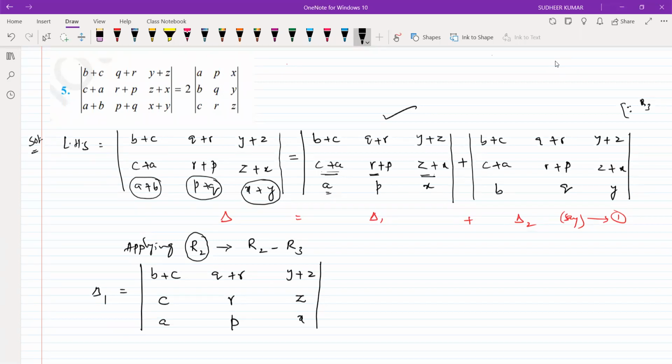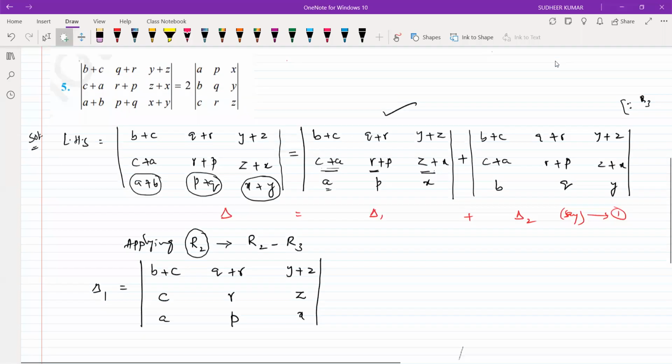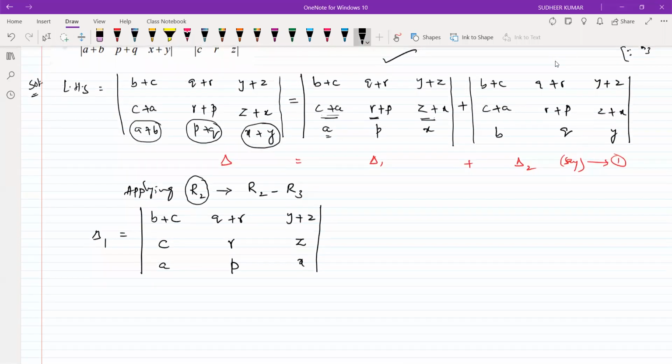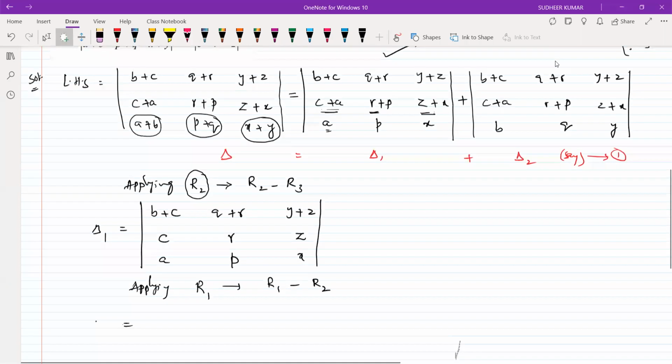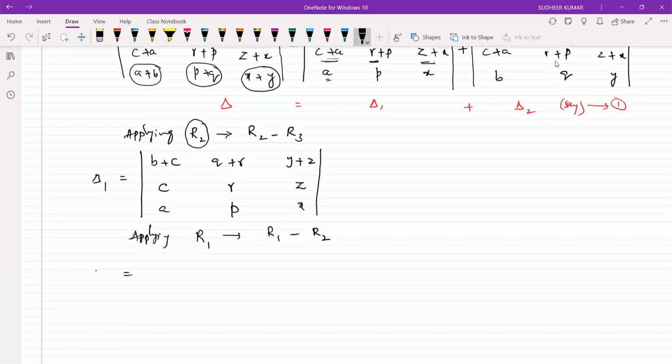So what shall we do next? R1 minus R2. Yes, again we have to do that. Applying R1 changed as R1 minus R2, then the determinant value is, we are directly subtracting these, R1 minus R2.